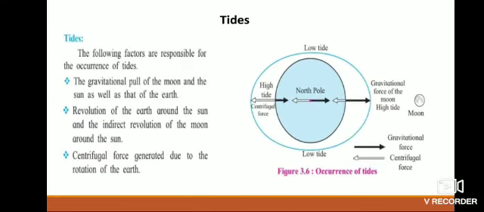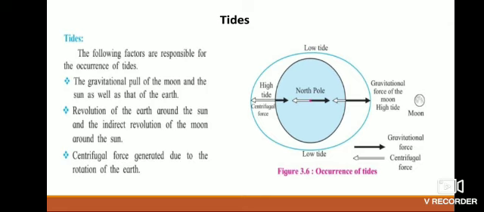Now next topic, my dear students, is tides. The following factors are responsible for the occurrence of tides. Means, why do tides occur? First reason, the gravitational pull of the moon and the sun as well as that of the earth.